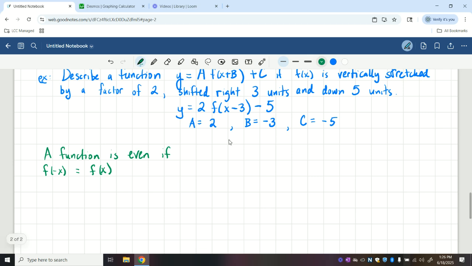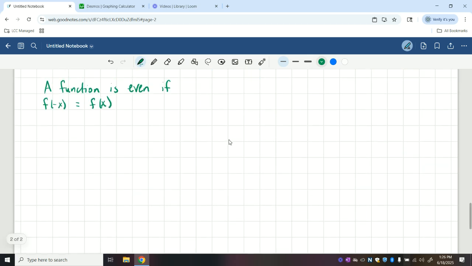So if we looked at a scenario where that's the case, say this is x here and this is negative x. This is saying that they have the same y value. So suppose the y value is up here. So f of x is 3, f of negative x is 3. That is what an even function does.